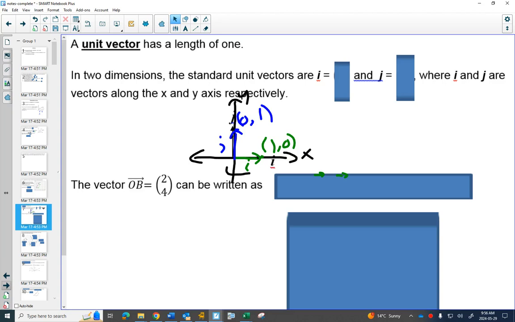A unit vector is a vector that has a length of 1. So the standard unit vectors, and we'll write them with arrowheads over top, are i, 1 to the right, and j, 1 up.